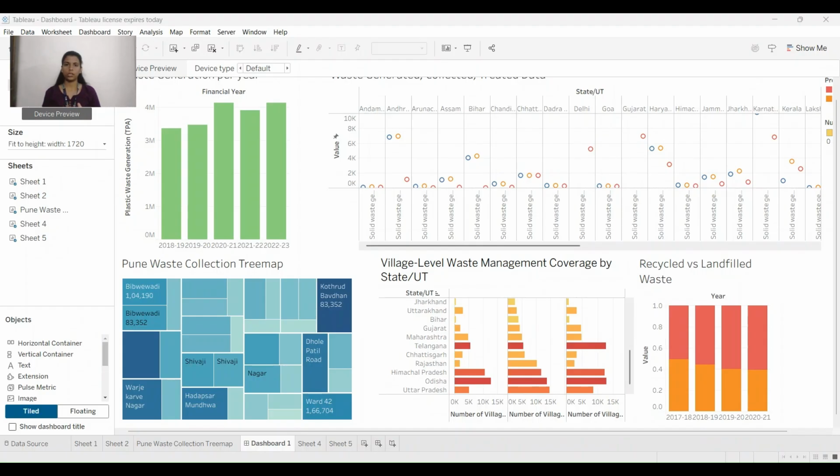Improper waste disposal leads to methane emission, groundwater contamination, and disease spread. This project is linked with Swachh Bharat Mission, Solid Waste Management Rules 2016, Plastic Waste Management Rules, and hazardous and other waste rules. Now I will explain the data sets that are used to build this dashboard.